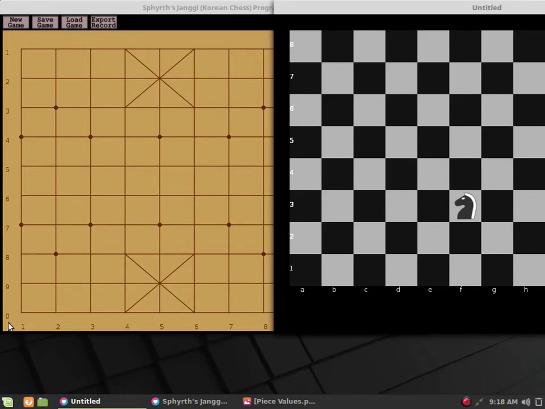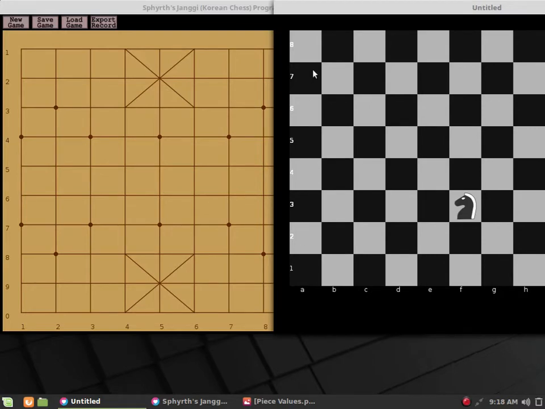Let's just keep it a one-digit number. So what have we done? Letters for files, numbers for ranks on a chessboard; on a Janggi board, both are numbers. Second, you count down the ranks on a Janggi board and you count up the ranks on a chessboard.